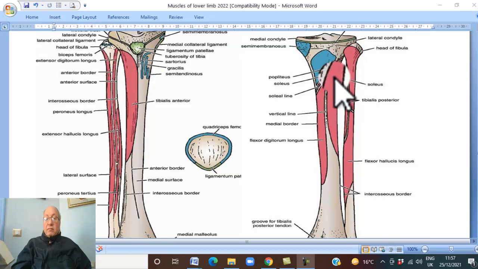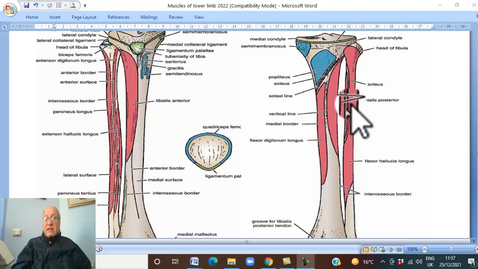Then it arises from the soleal line. This oblique line is called the soleal line. Then it arises from the middle third of the medial border of tibia.